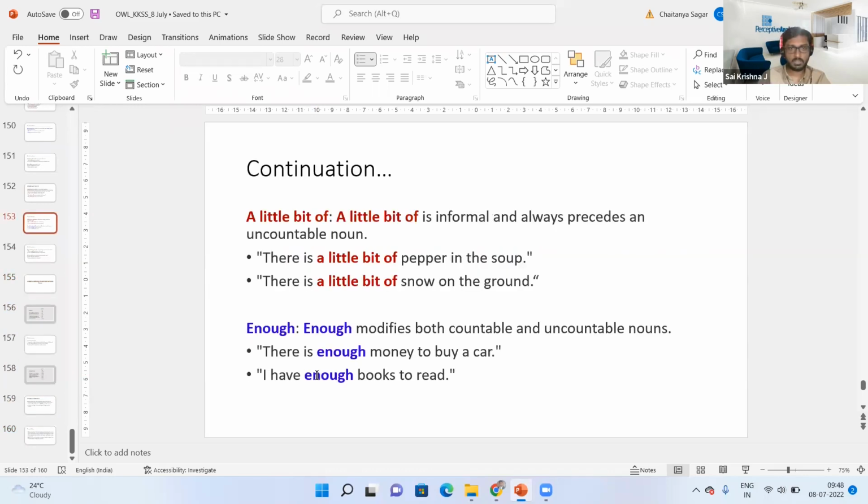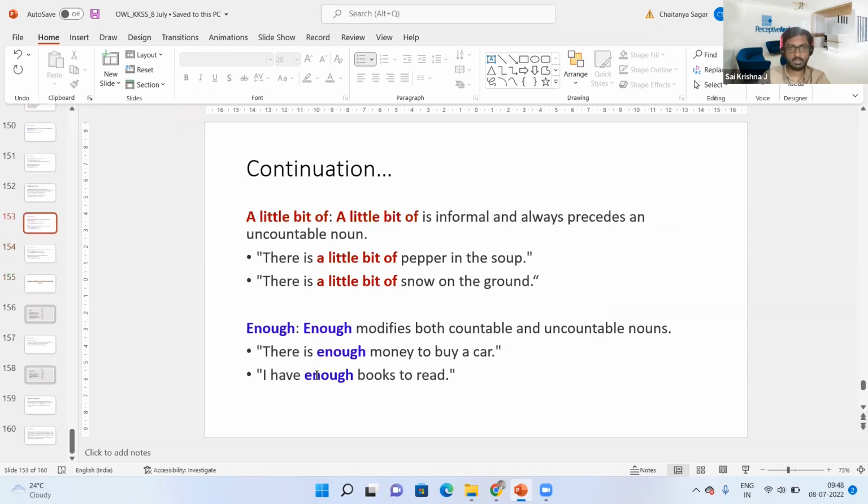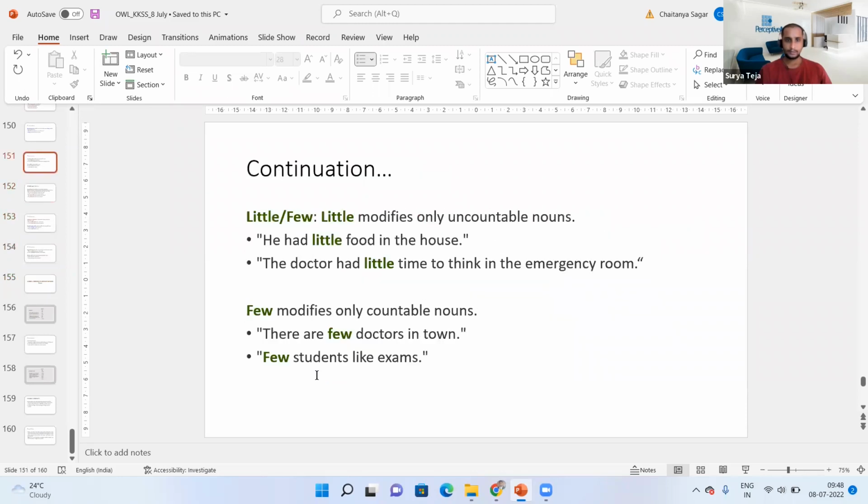Surya, just one thing. You talked about little and few, right? Right. Similarly, there is a difference between little and a little, and few and a few. And you can cover that in a different session. Right, correct. Yes, there is a difference between both of them, and we can talk about it in a further session.